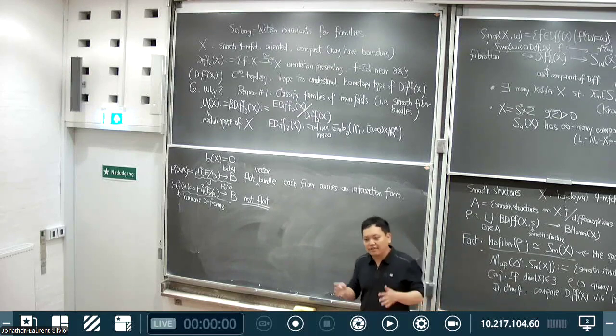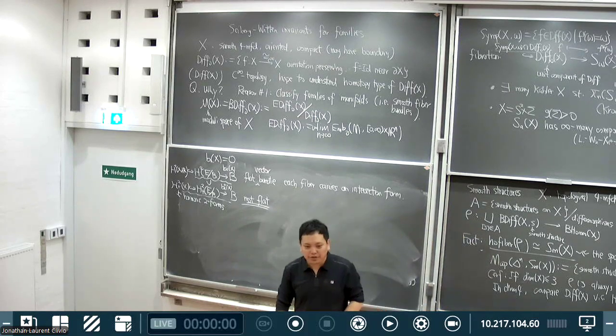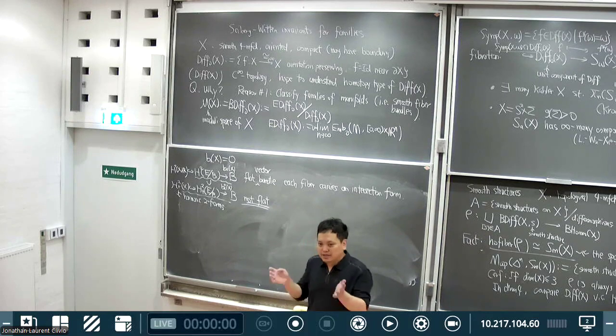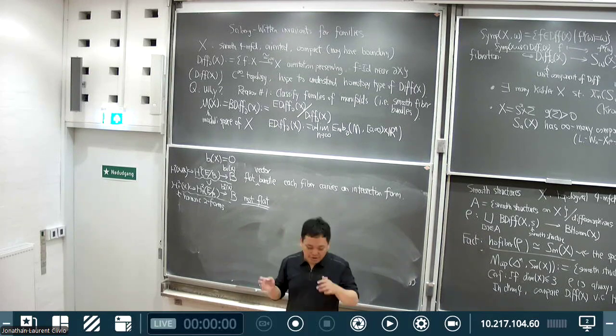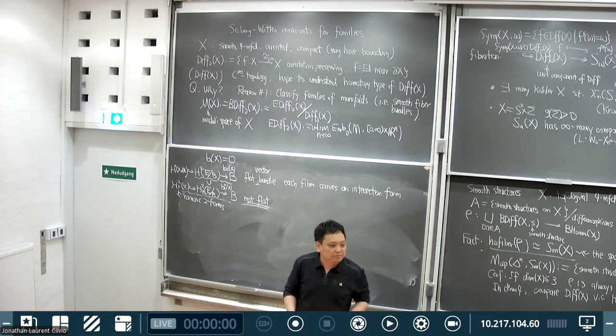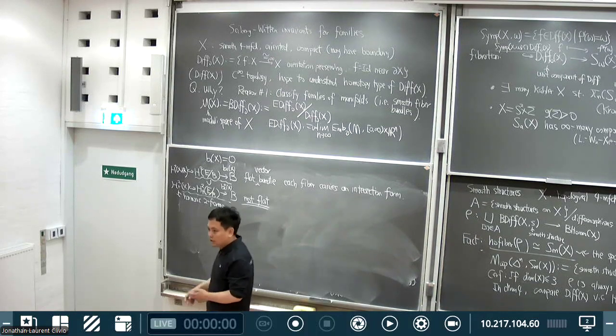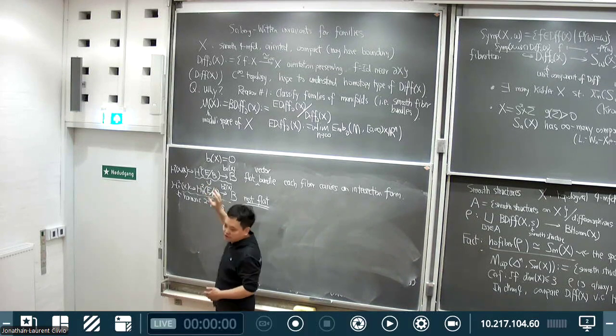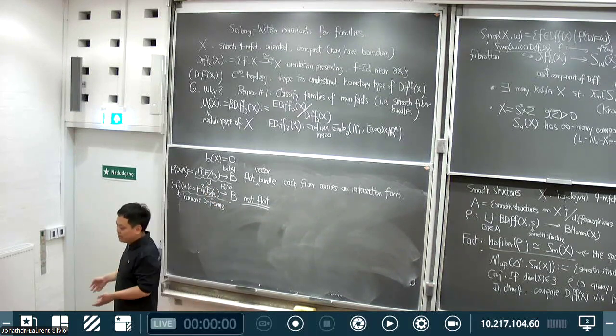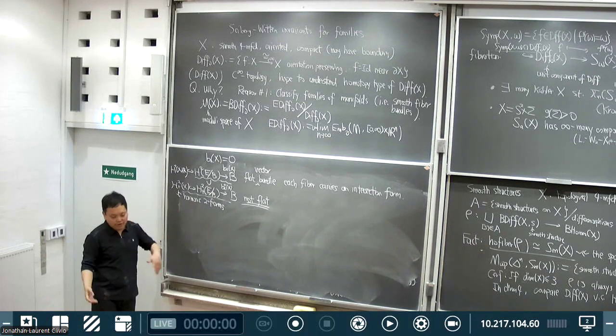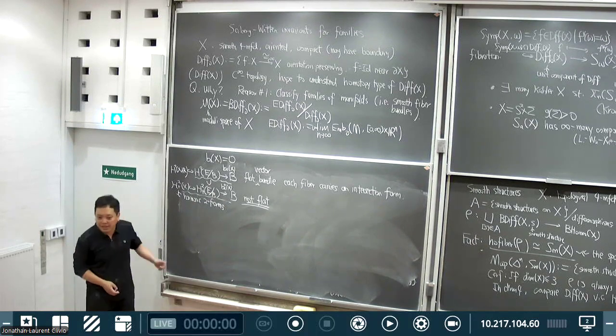The fact is that given any vector bundle with a bilinear form, the space of maximal positive definite subbundles is contractible. So there's an essentially unique choice of this H plus, which can be induced from the choice of metric.